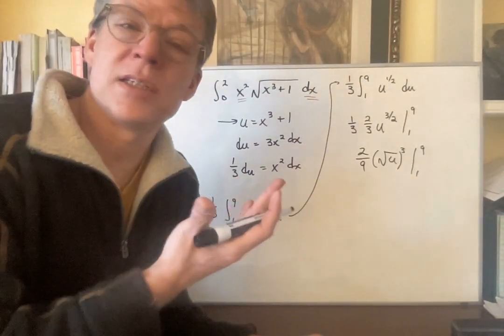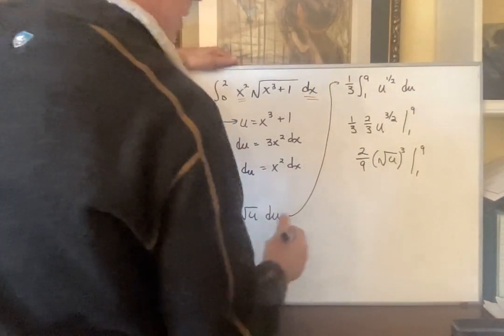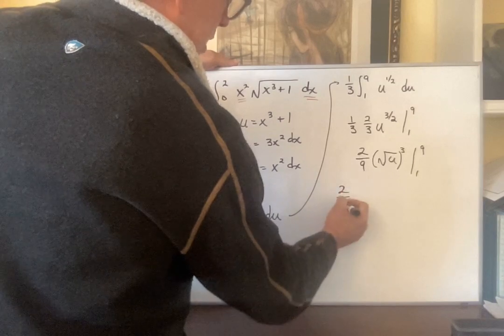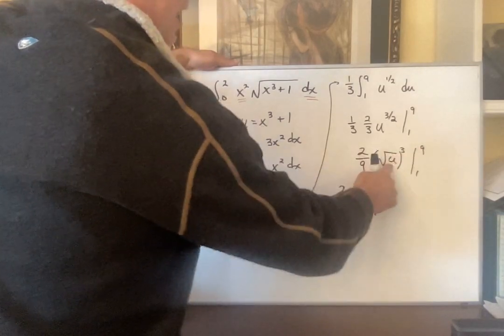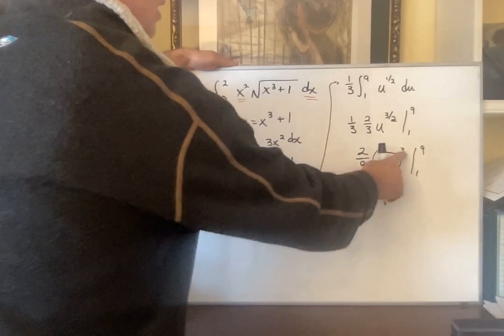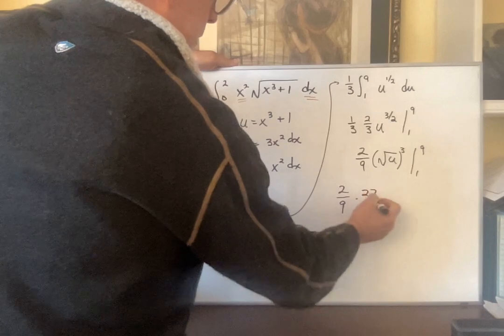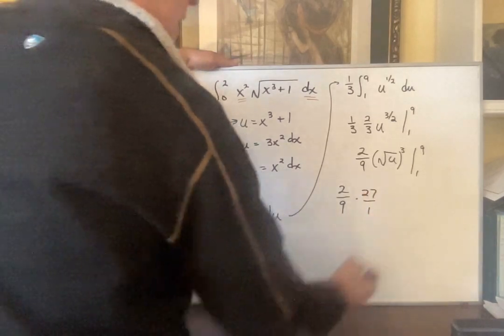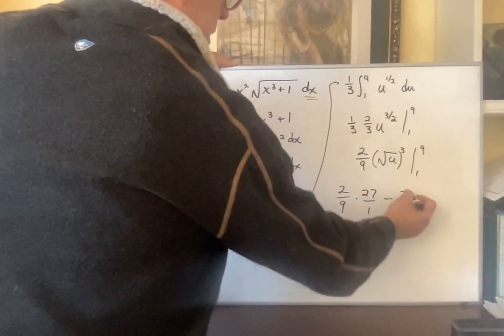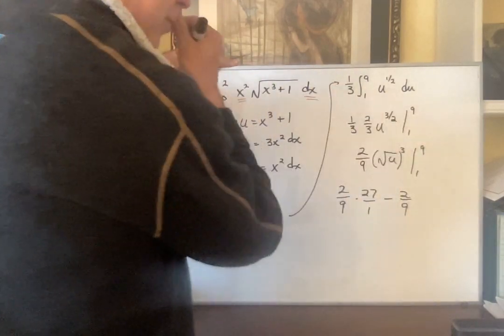I plug in the top minus I plug in the bottom, okay? So 2/9. If I put a 9 in here, what's the square root of 9? It's 3. Now what's 3 to the third power? 27, right? Minus 2/9, and then put the 1 in there, and the square root of 1 is 1.